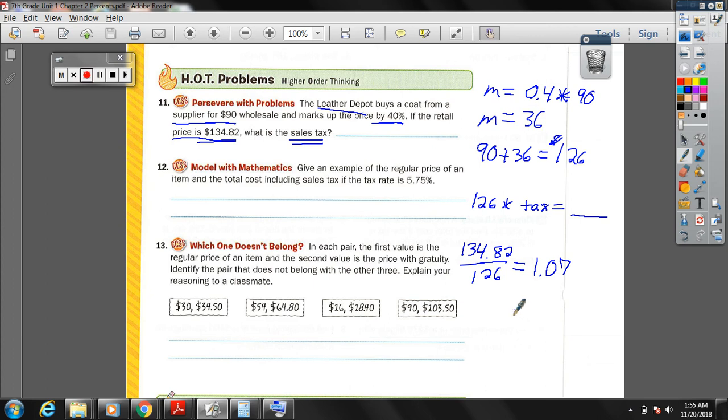Well, the selling price is 100%. Anything extra is the tax. So the sales tax is 7%.